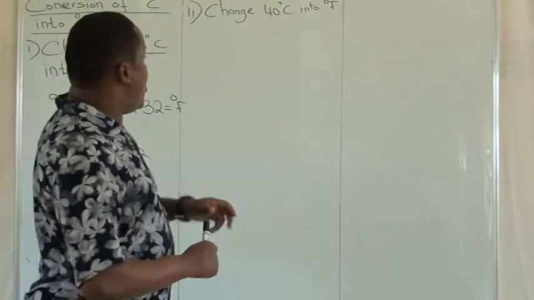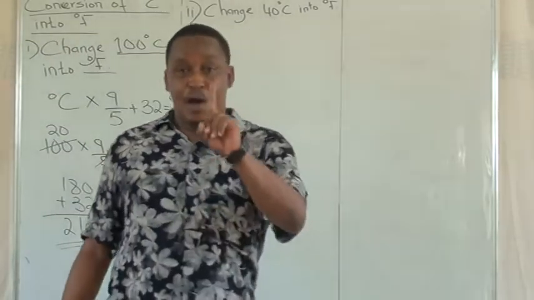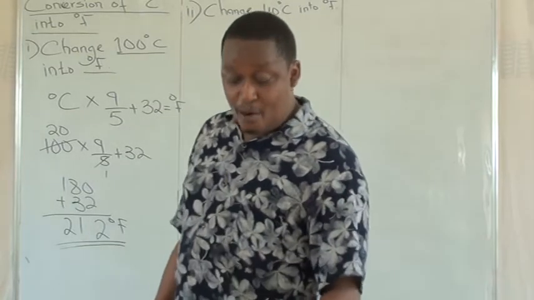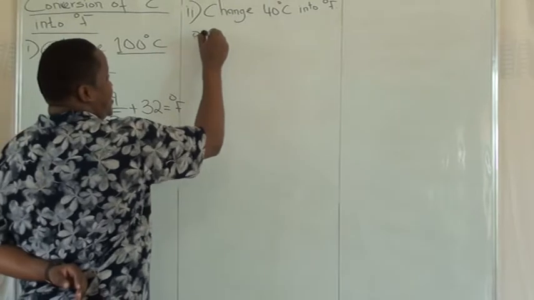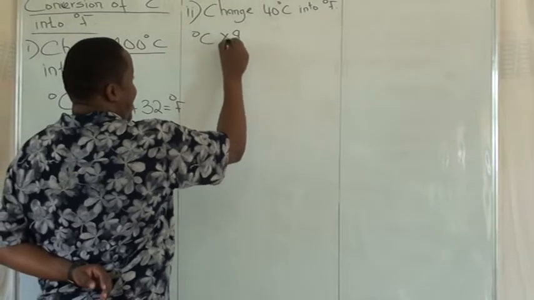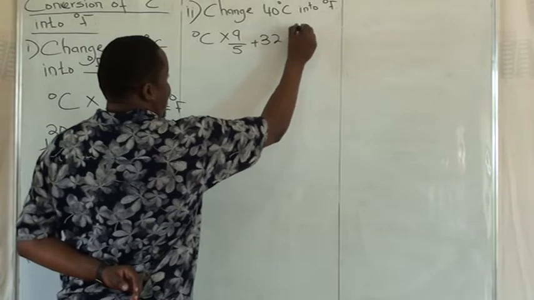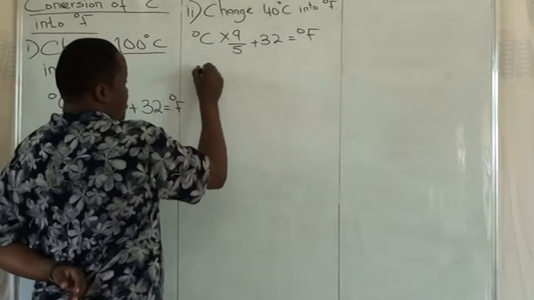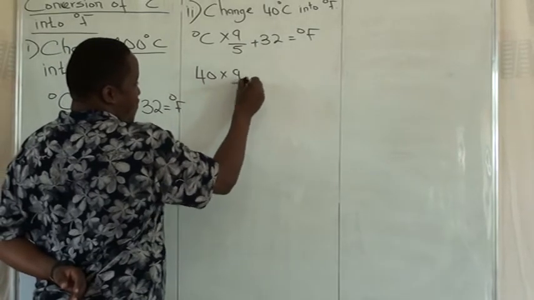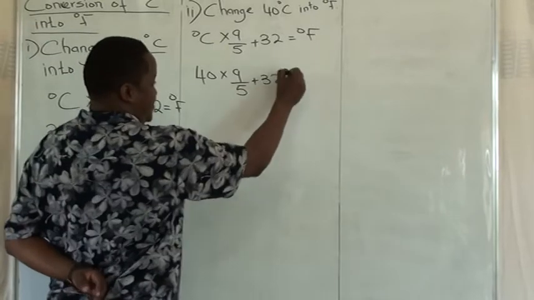So, how do you convert 40 degrees into Fahrenheit? Number one, remember, the formula is the key. So the formula here is degrees centigrade multiplied by 9 over 5 plus 32. We end up with degrees Fahrenheit. So you take your 40, you multiply by 9 over 5, you add 32 once again.